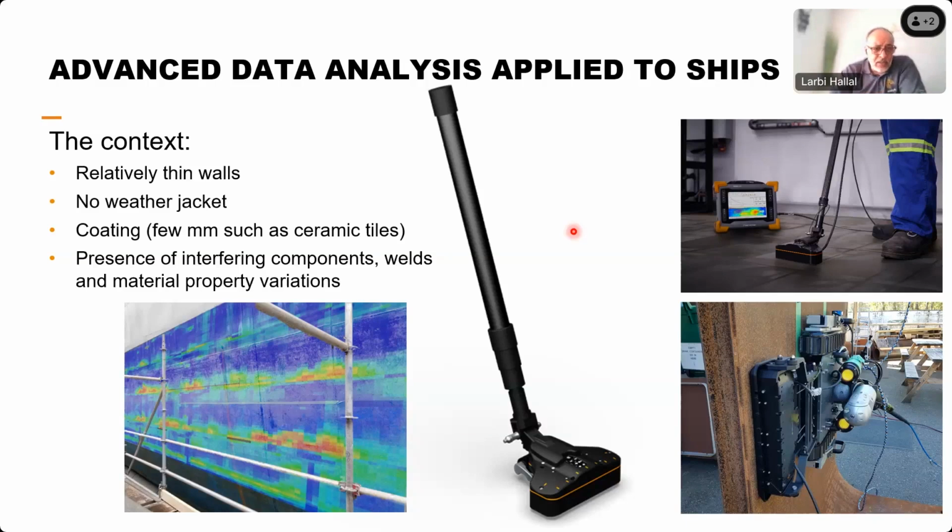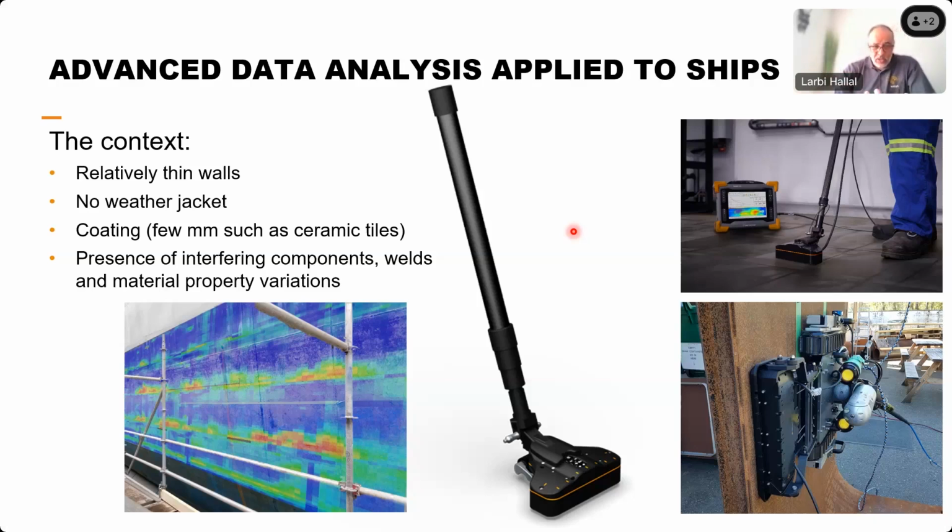Usually we don't have any water jacket. If you look at the ship hull or the ship deck, everything you can find eventually on a ship deck will be a coating, like ceramic tiles, for example, or some, let's say, adhesives eventually. So a few millimeters of lift-off, which is not that much. But an important thing to consider, looking at the structure of the ship, is that we will have interfering components.